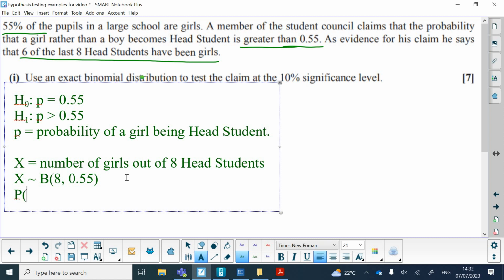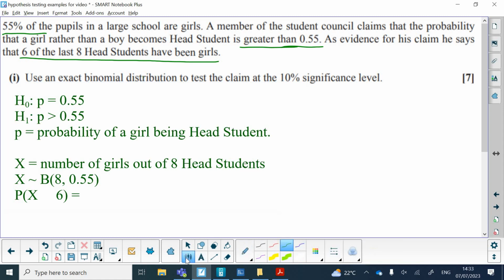So now we want to find the probability of getting something at least as extreme as 6 girls. In this context, we've got a greater than for our alternative hypothesis, so we are going to use greater than or equal to 6.